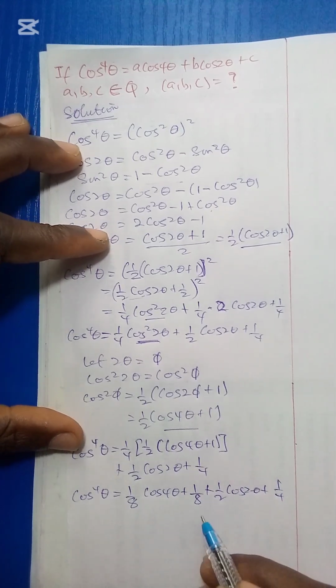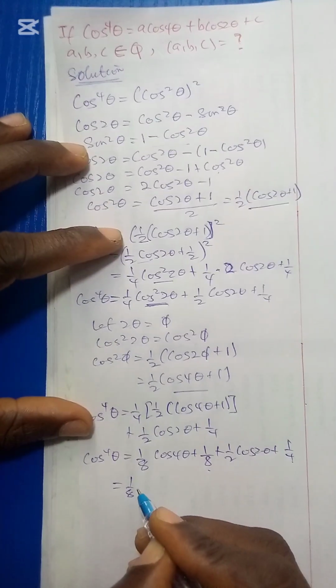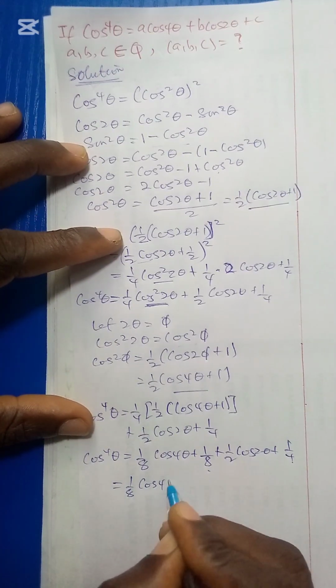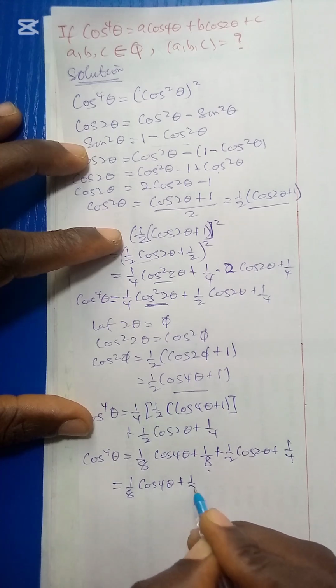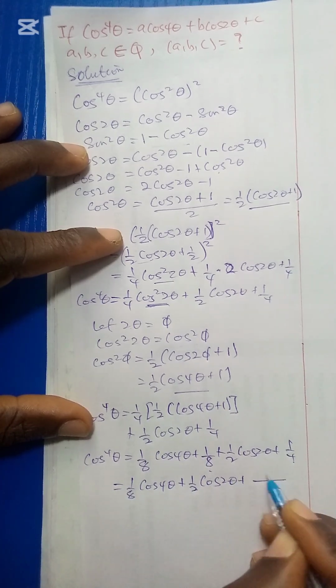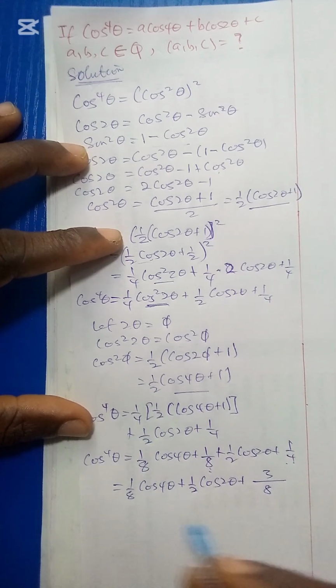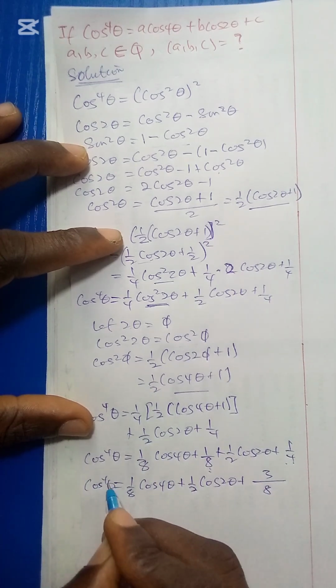Great. So let me add these two together. It becomes 1 over 8 cos 4 theta plus 1 over 2 cos 2 theta plus, when we add these two together, we get 3 over 8. So this is cos to the power 4 theta.